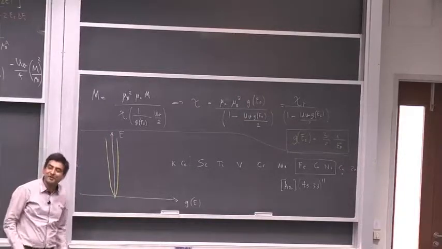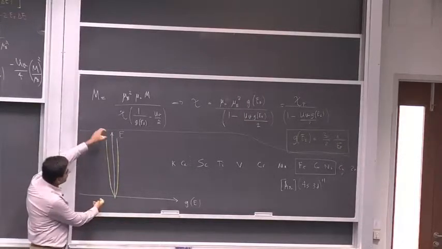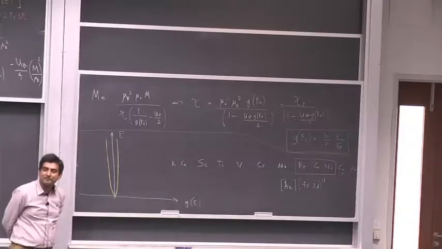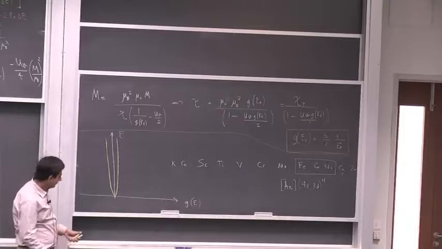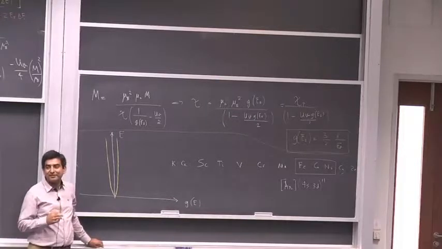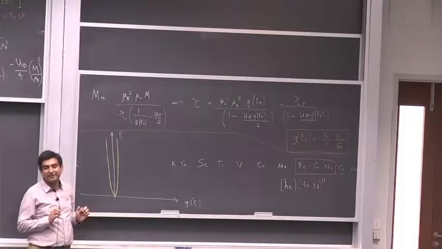This is the bandwidth. The 3d band has a small bandwidth. It has a narrow bandwidth.